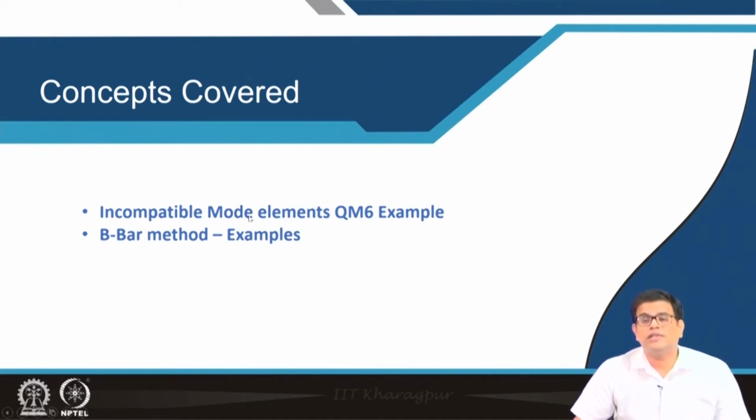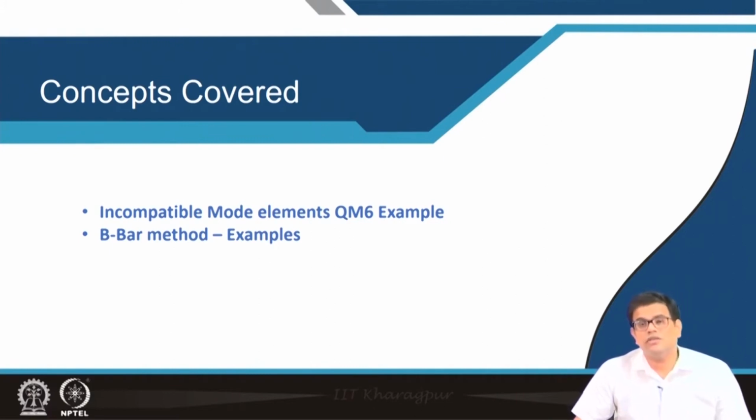In 2D, if you have a Q4 element and incorporate those incompatible modes, that is 1 minus xi square and 1 minus eta square, then you condense out those extra constants, which is 4 in 2D. For 3D it is 9, because in 3D you also have to consider 1 minus zeta square, that is r, s, t in 3D. So there are 9 such constants.